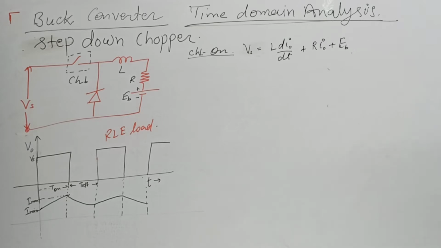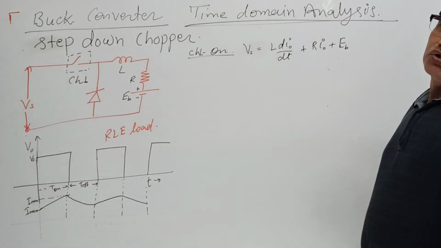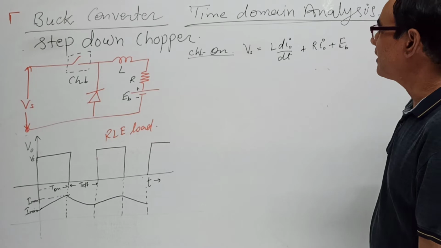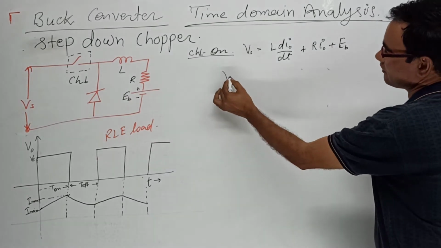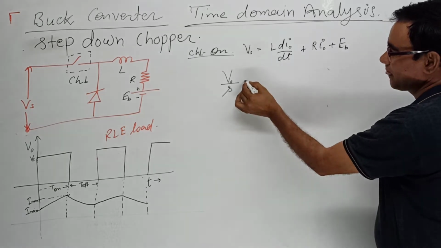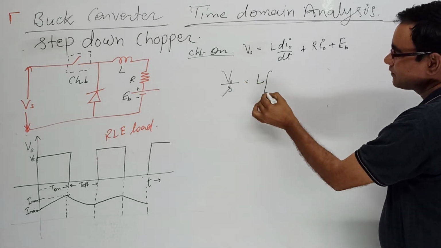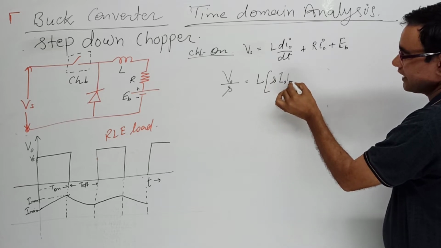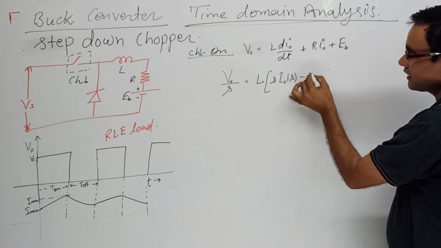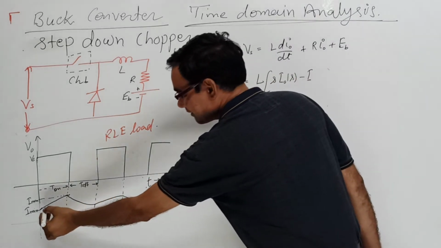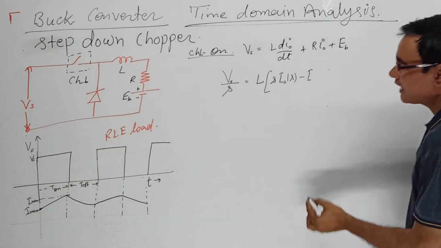Definitely, so we are taking the Laplace transform of that. So this is Vs, the source voltage, divided by S, because it is a constant, equals L times (S I of S minus the initial value), and you know the initial value is I minimum.